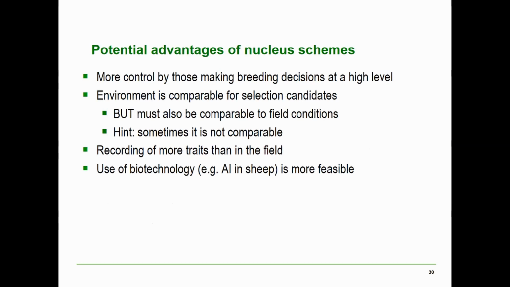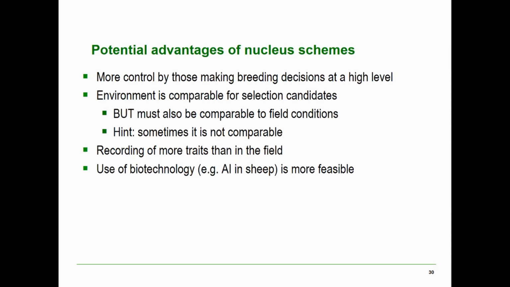Well, there are certainly advantages to these nucleus schemes, that we have more control over the breeding decisions. So this breeding decision can be taken on a higher level. And we are quite sure that whatever we decide as the managers of the breeding program will also happen.